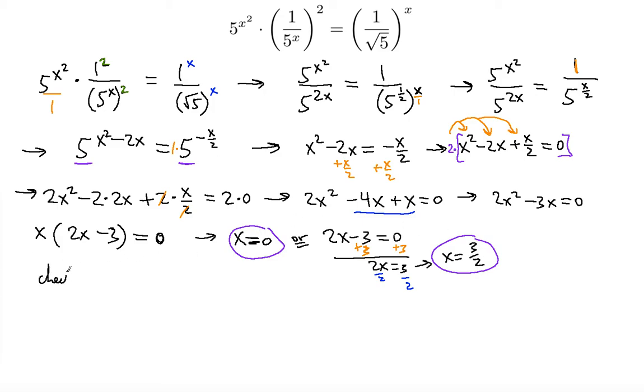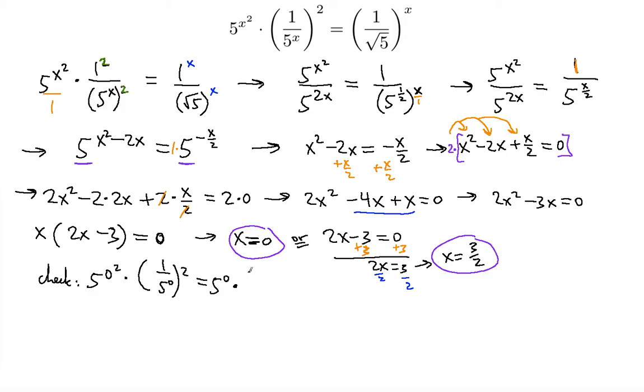Right? So the first check is going to be x is equal to 0 in the original equation, right? So we get 5 and substitute x with 0, right? So 0 squared in the power times 1 over 5 to the 0 squared. So let's see. We're just going to check the left side and then the right side. So 0 squared is 0. So 5 to the 0 is 1, as we know.